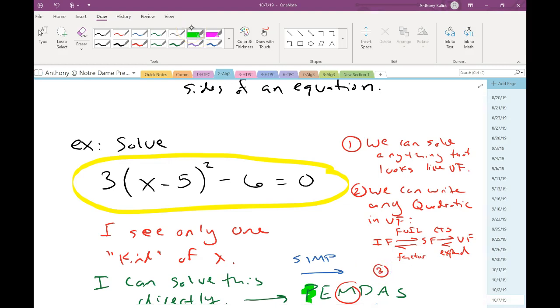The catch here is, though, that if I were given something in standard form, and I want to write it in vertex form, I have to use the completing the square process. However, that completing the square process, that's the same every single time, right?